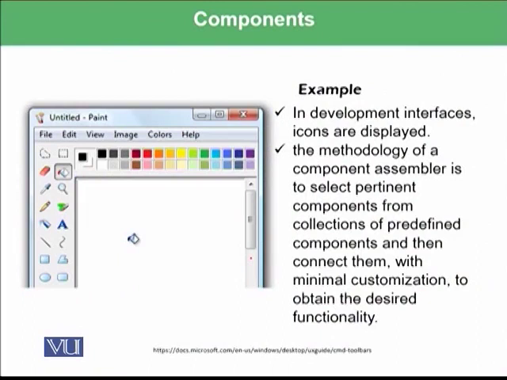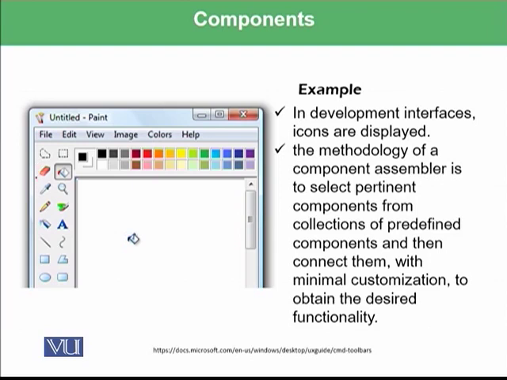In development interfaces, icons are displayed. In the next semesters, you will be building different kinds of software using different software development kits, and there you will experience this. However, in this first course of Introduction to Computing, one of the things I think you might have used is Microsoft Paint, and this Paint has certain components.